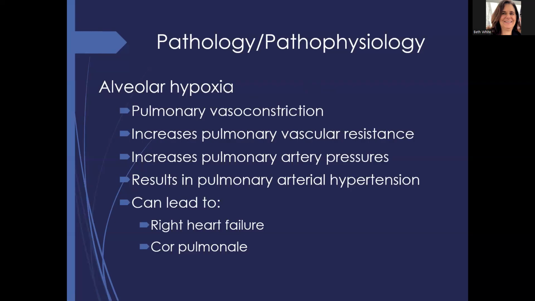It results in pulmonary artery hypertension. It can lead to right heart failure because it's hard for the heart to pump that blood to the lungs. And if that continues with right heart failure, fluid can back up and you have cor pulmonale.